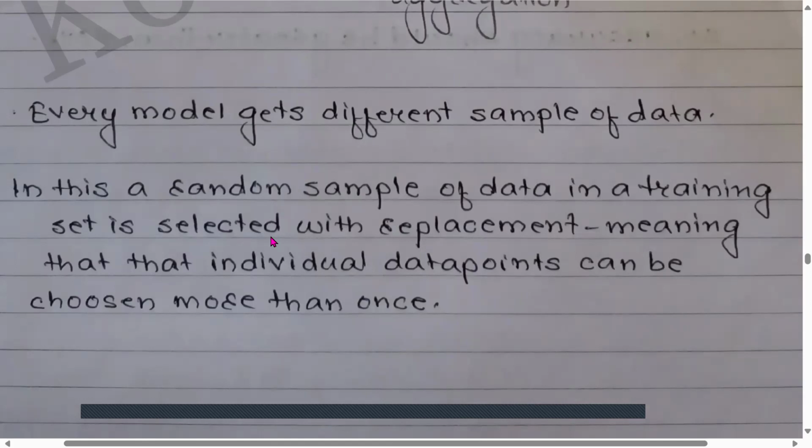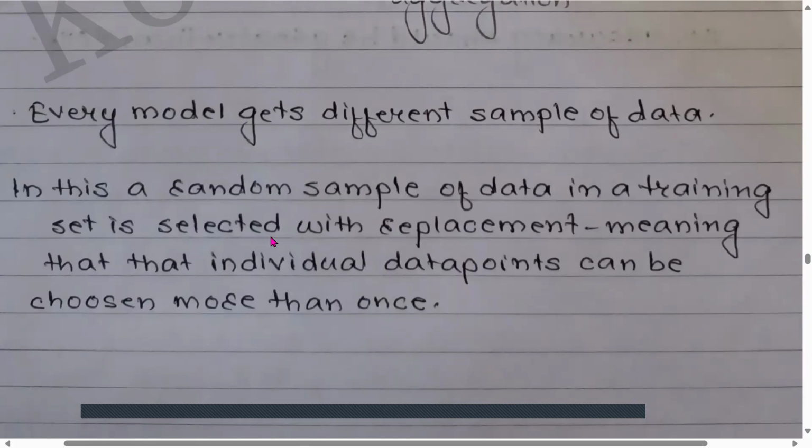But this is also possible with bootstrapping. You can give different models the same chunks. Means the M1 model, you are giving even chunks, and the M2 model, you are also giving even chunks. This is the meaning here.